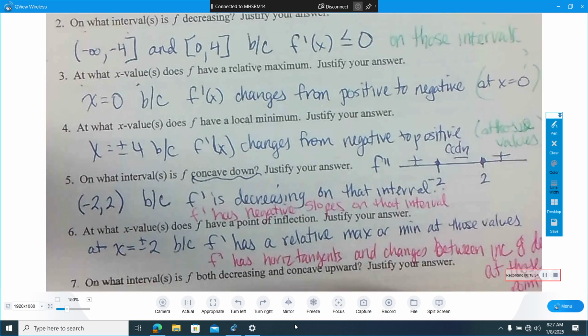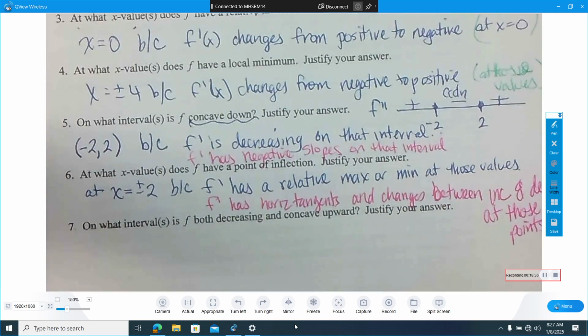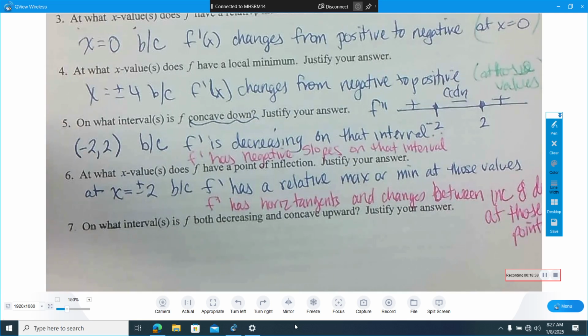That is obviously not as succinct. So relative maximum, definitely short and sweet, like it. F prime has horizontal tangents and changes between increasing and decreasing at those points, which is important. Changes between, which goes either direction. All right, that's pretty tricky.